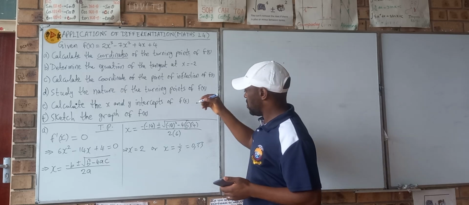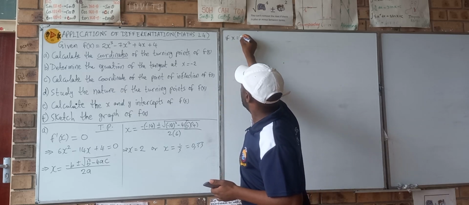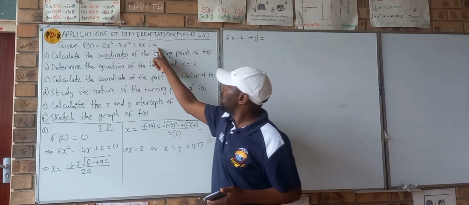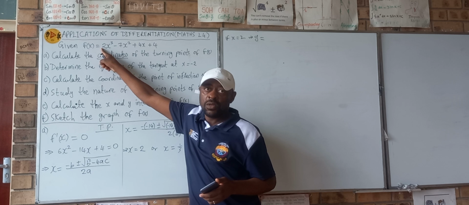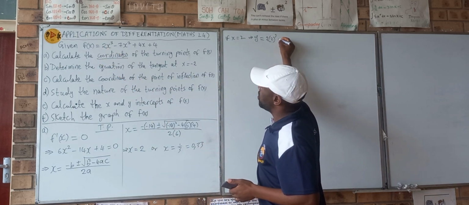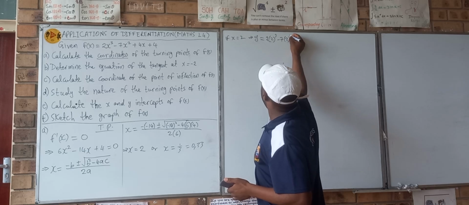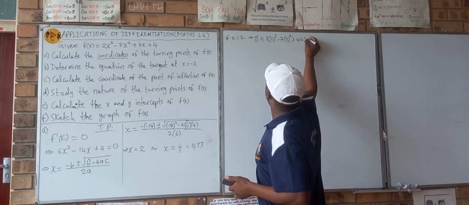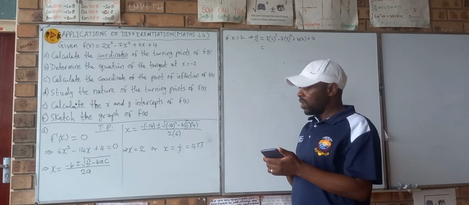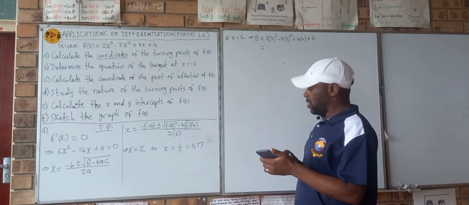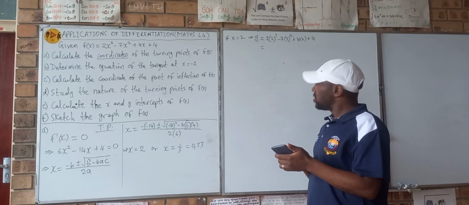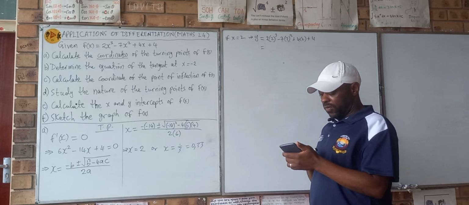I will say if x is equal to 2 for the first one, then for my corresponding y value I must put it into the original equation, which is 2 times 2 cubed minus 7 times 2 squared plus 4 times 2 plus 4.